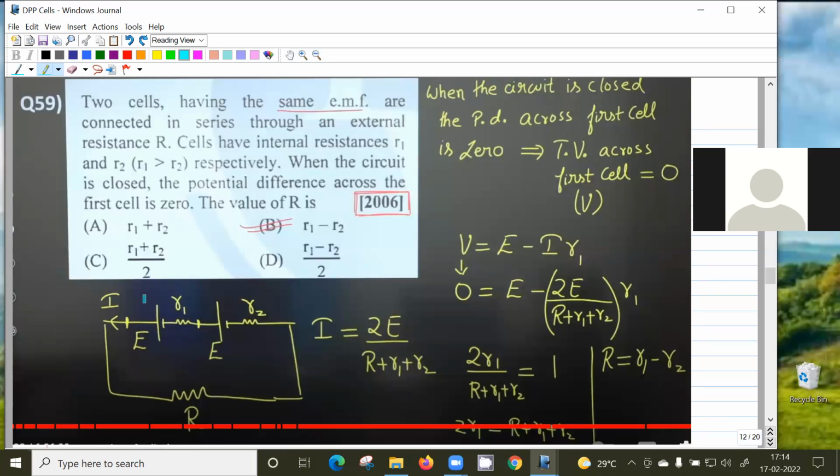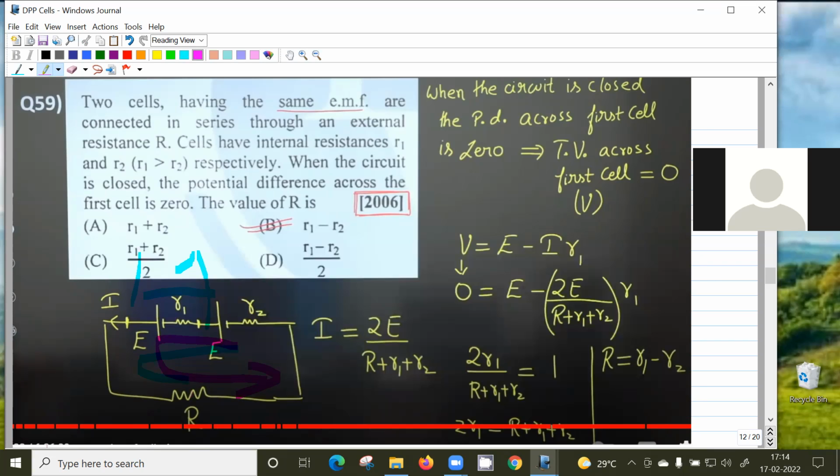Okay, so is it possible for the drop from here to here to be 0? Because going from here to here, there's a drop across this cell, right? So here there has to be a rise in voltage. That is possible if the current is flowing in this direction. Is that clear? And the current is flowing in that direction, no? So the current should be of that value such that the rise of voltage across R1 should balance the drop of voltage across this cell V1.